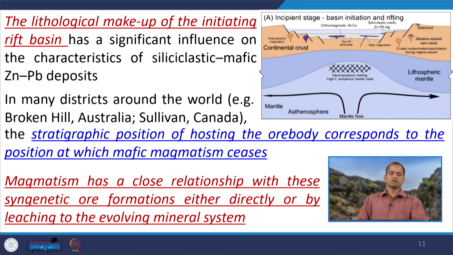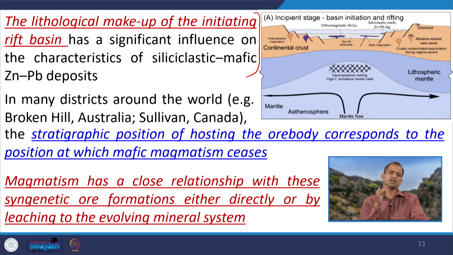This lithological makeup of the initiating rift basin has a significant influence on the characteristics of siliciclastic, mafic, Zn and Pb deposits, and on how these lithologies are arranged in a rift basin. That means, depending upon the sediment properties, when the hydrothermal fluid is acting on them, the composition with which the hydrothermal fluid is interacting will leach a similar type of mineral and will also precipitate a different type of mineral.